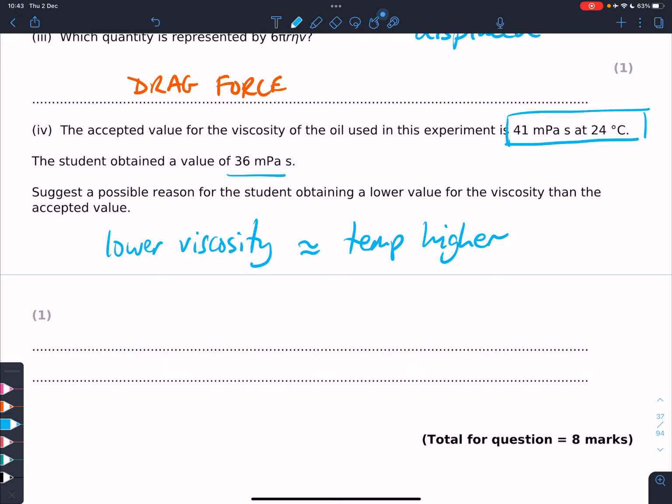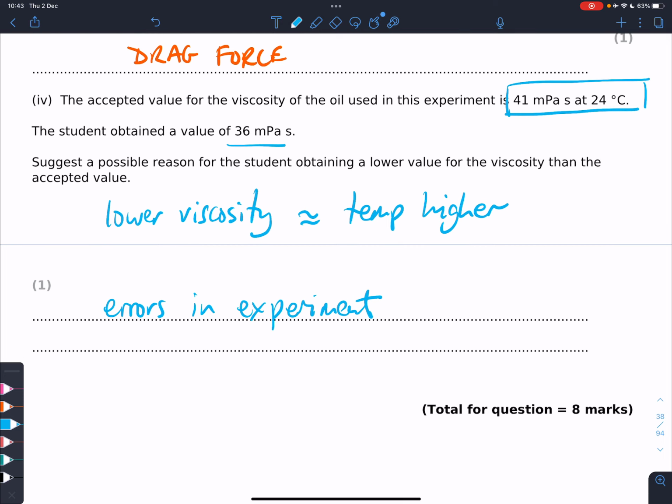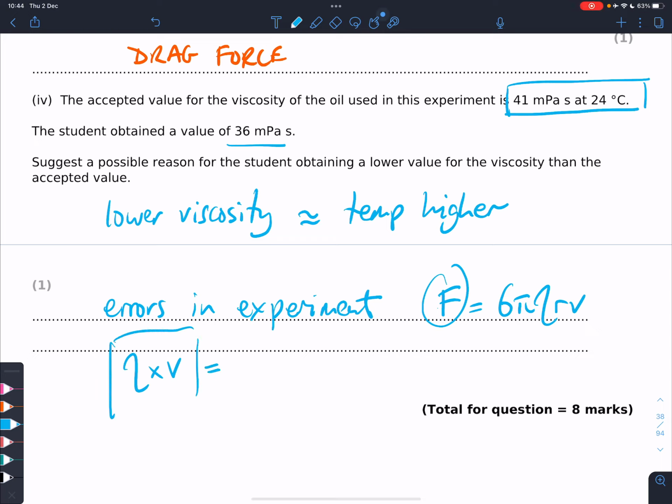The other thing is the student could have had errors in the experiment. So what errors in the experiment would lead to a lower value of the viscosity? If you look at the equation, the force is 6 pi times viscosity times r times v. There are a few other factors in there as well. But if the viscosity is lower than expected, it could mean that the velocity was higher than expected.